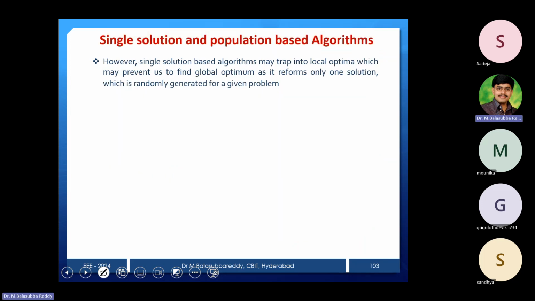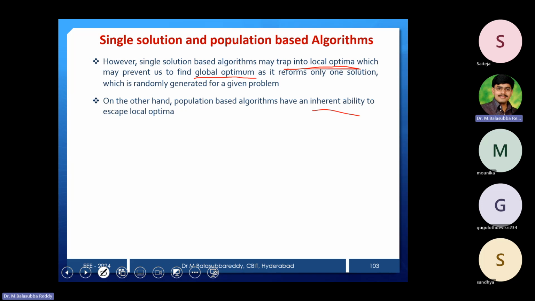Single solution algorithms may get trapped in local optima, which may prevent us from finding the global optima. They perform with only one solution, which is randomly generated for the given problem. On the other hand, population-based algorithms have an inherent ability to avoid local optima.